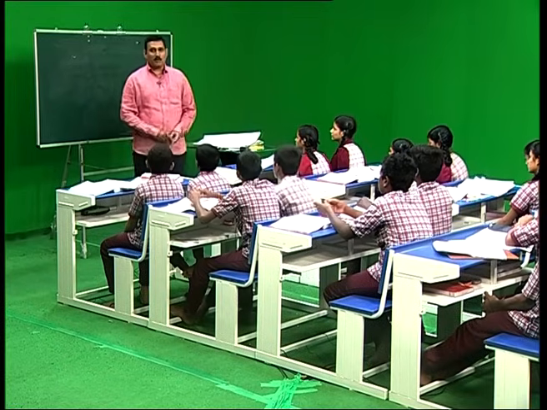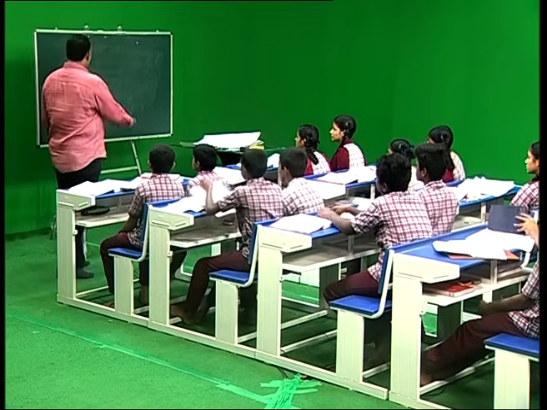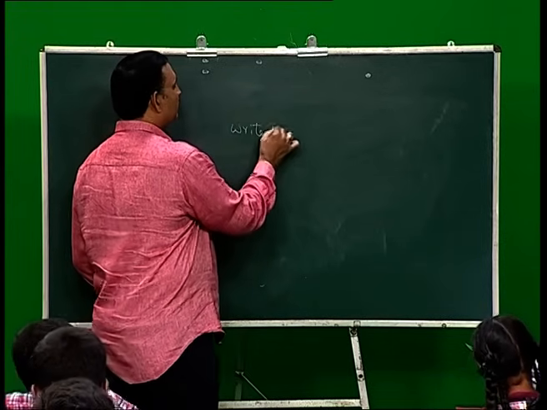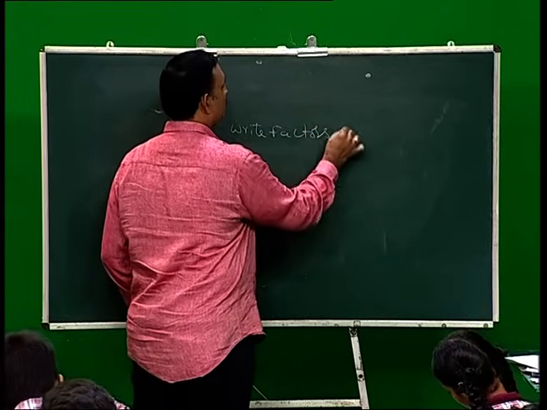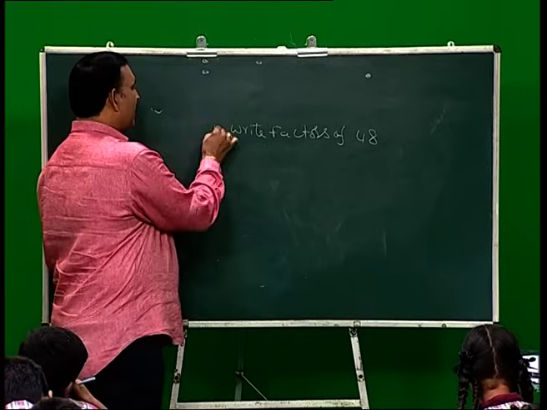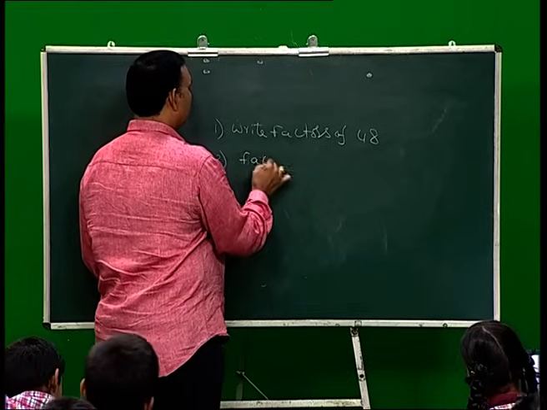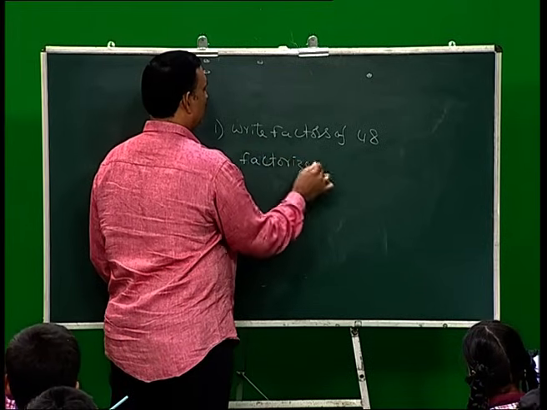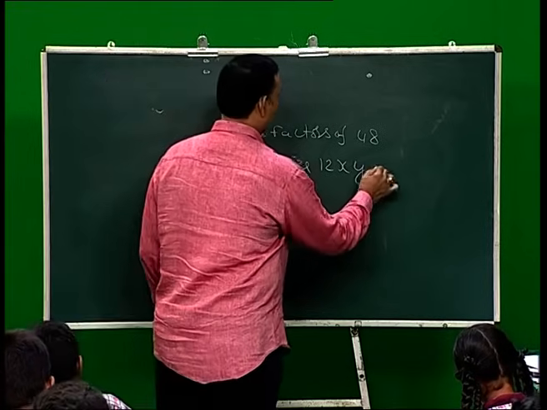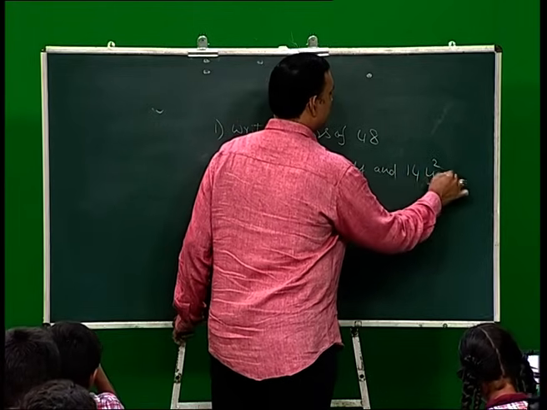Now I'm going to give you 2-3 problems. Try to solve them at home. Already I explained, no? Write factors of 48. This is the first one. The second one is factorize 12xy and 14y square z.